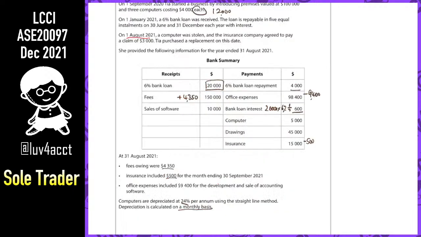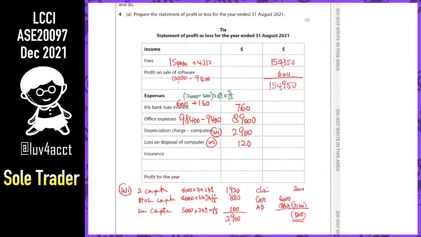Insurance, easier. You have 15,000 and then 500 being prepayment. So you would have 14,500. Not that difficult. Total expenses here, and then you will have profit.